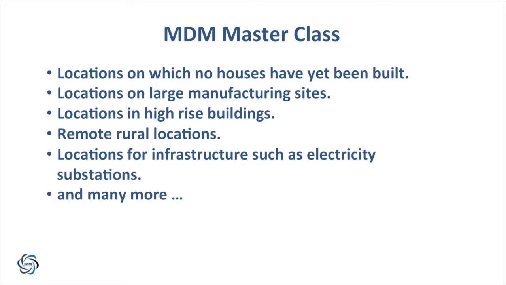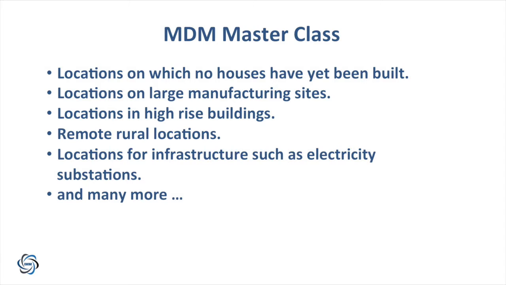For example, for some businesses, locations on which no houses have yet been built are so important. If you're a building company and you're going to build houses, you need to be able to get there and know where they are. If you're going to put in the infrastructure, the electricity, sewage or water companies need to be able to find their way to these locations.